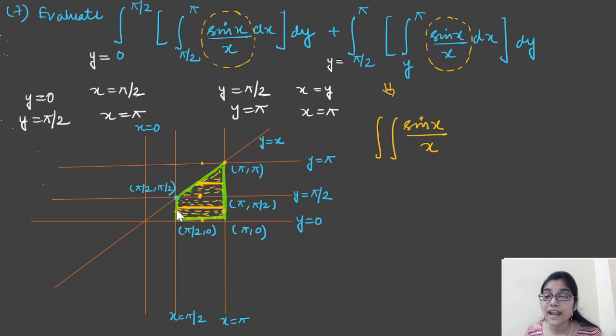In the first, x was going from pi by 2 to pi, and in the second your x was going from y to pi. So that is why it was getting complicated for us to solve. And now what we will do? We will do one thing. We will draw a strip which is parallel to y-axis. Because this is a complete one region, and now this is a single one region.